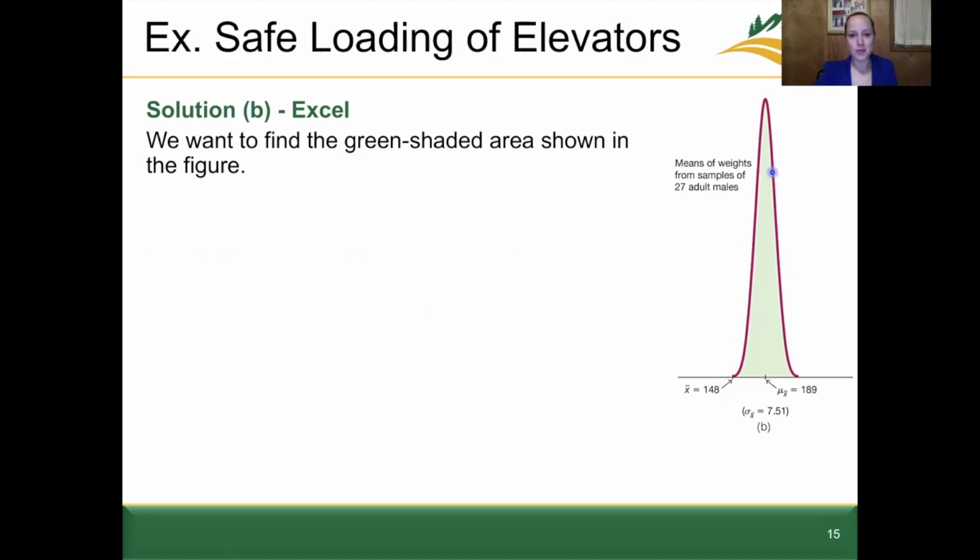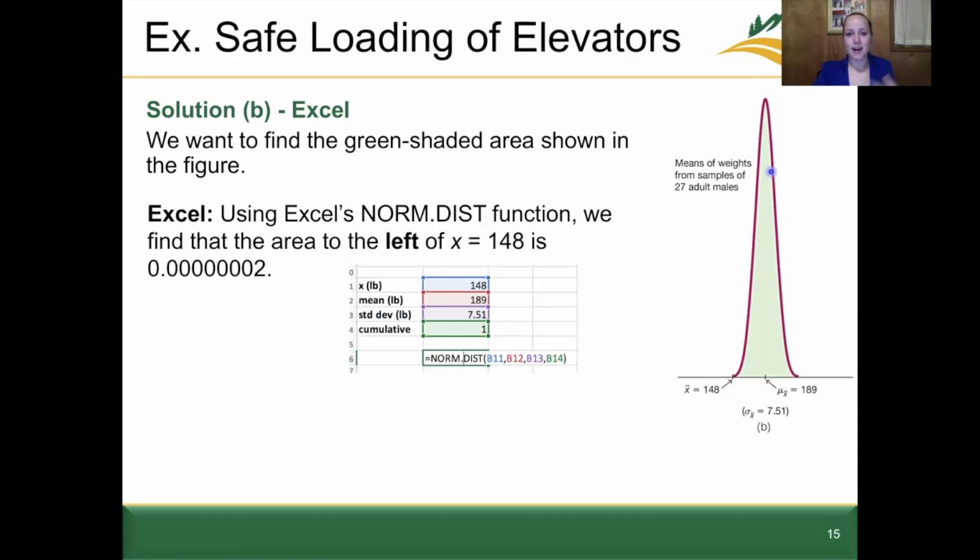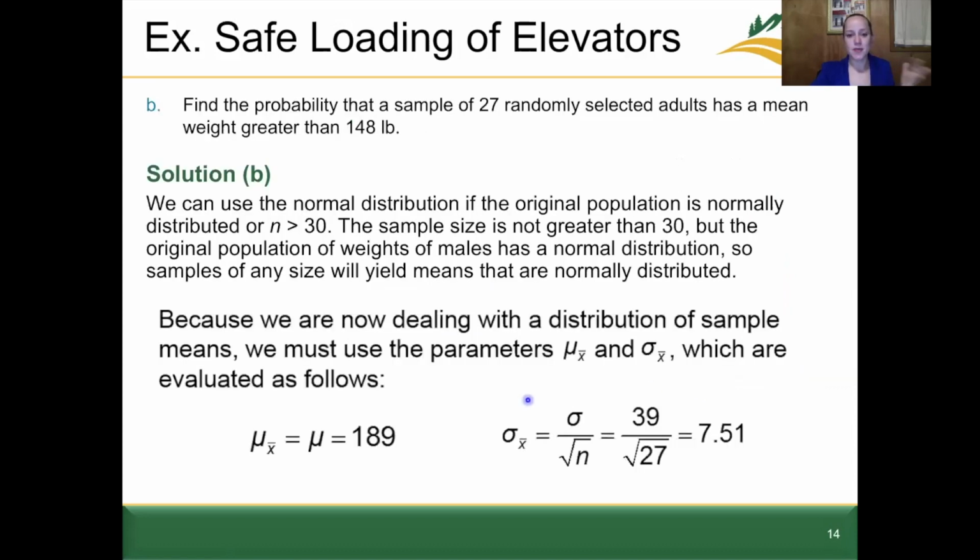So if we can use a normal distribution function in Excel, then for our x value, we have 148 pounds, so that's here. For our mean value, it's 189. It's what we figured out right here. So the mean value for the distribution of sample means is equivalent to the population mean, or mu. So that doesn't change. That's still 189.